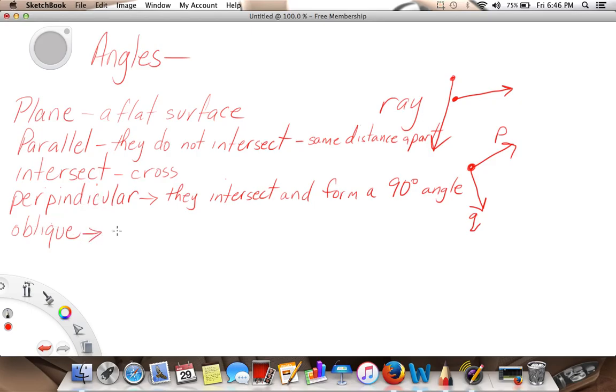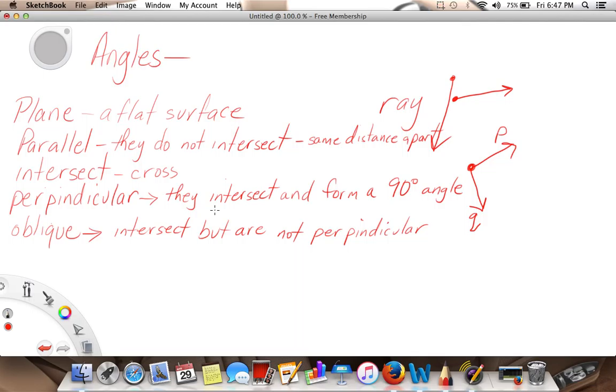So they intersect but are not perpendicular. Okay? So when two lines intersect but they're not perpendicular, they're called oblique.